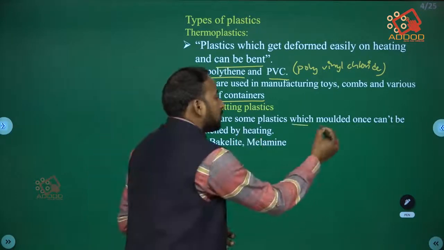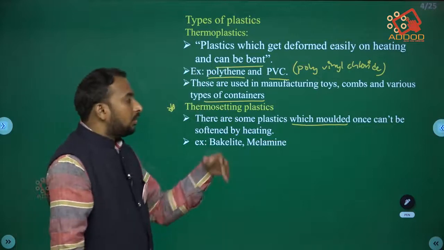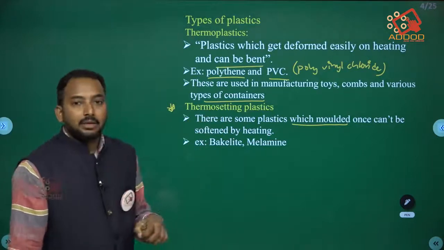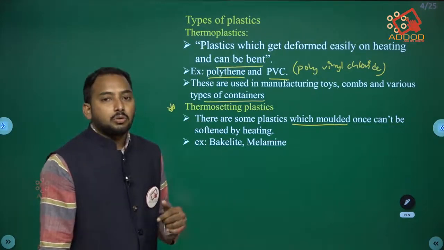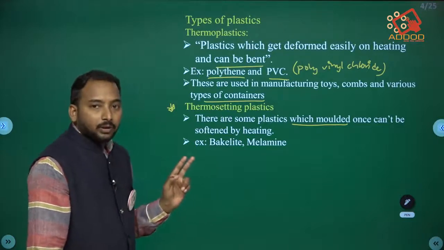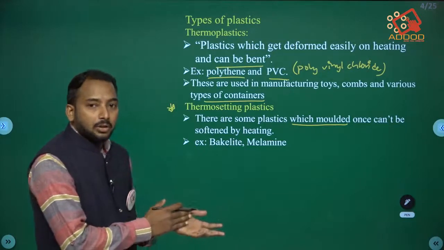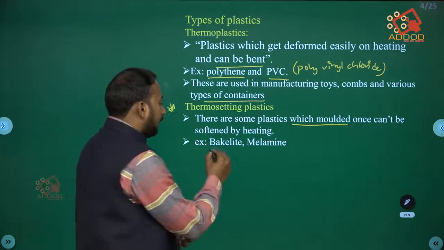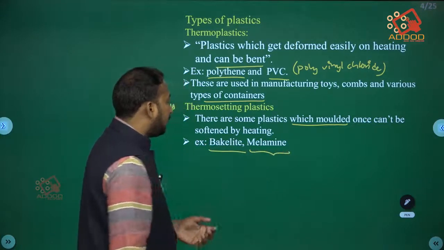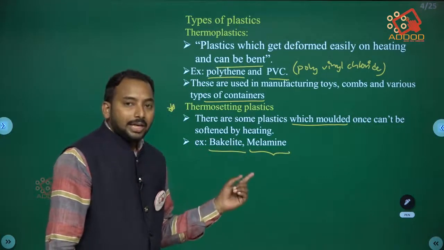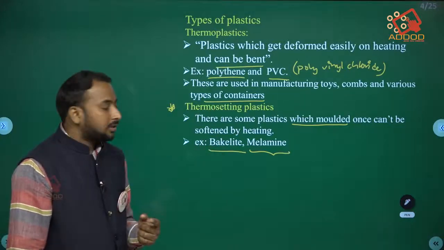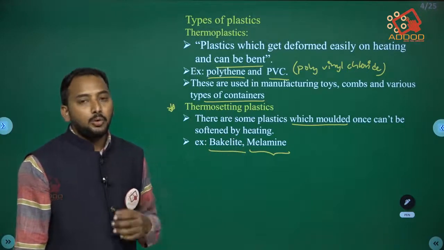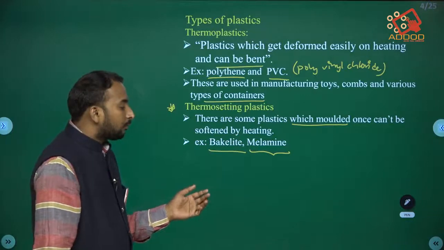A thermosetting plastic is molded on the initial heating, and after that it cannot be molded again on heating. The best examples are bakelite and melamine. These materials are widely used in home appliances and also handles.